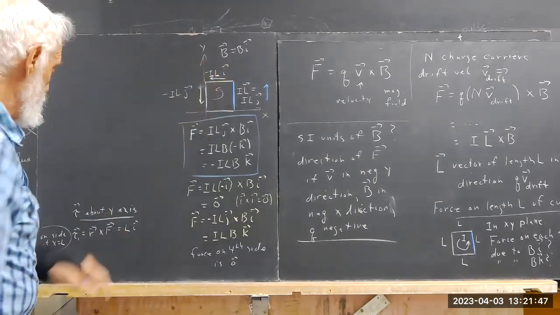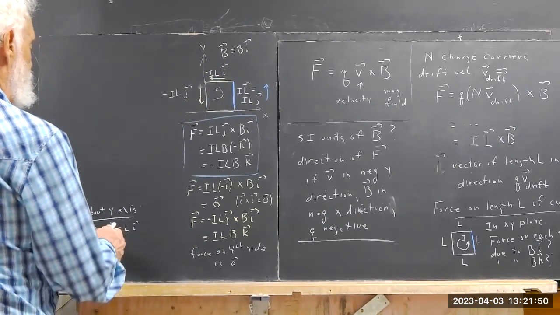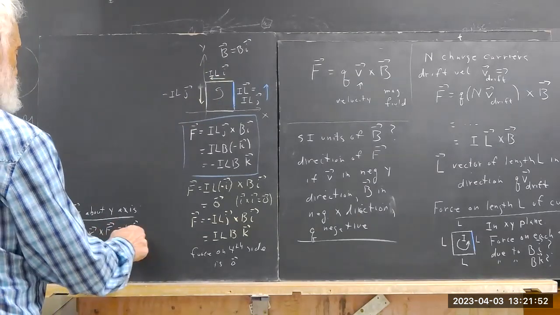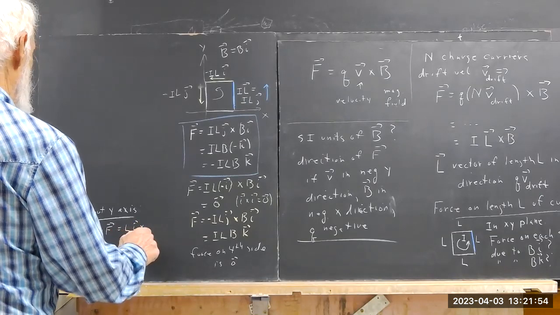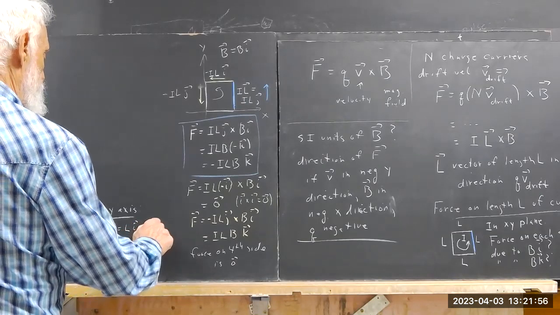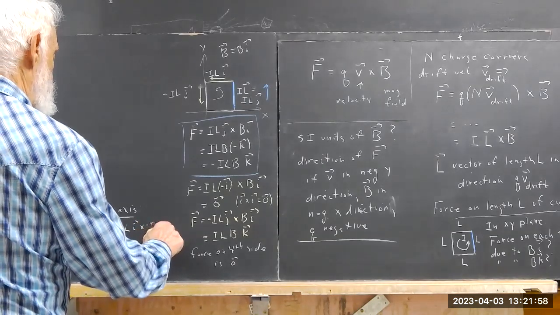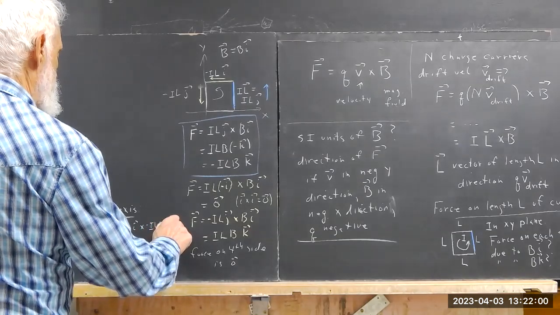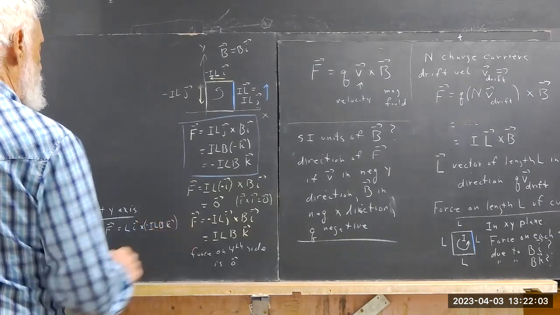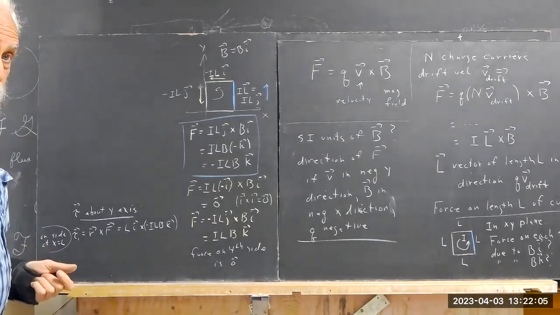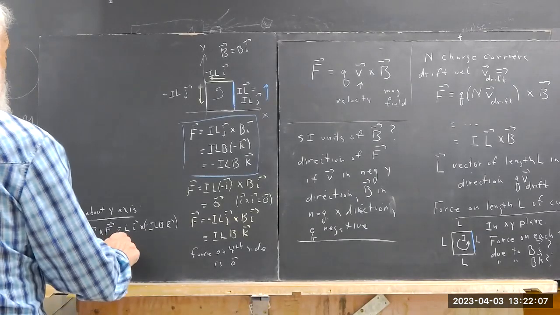Then the torque is R cross F, it's Li cross negative ILBK.